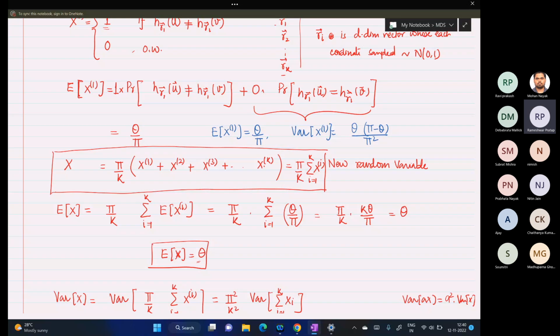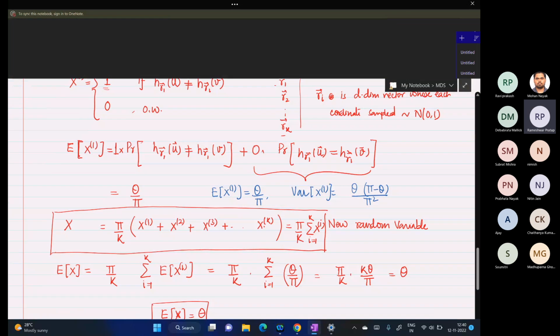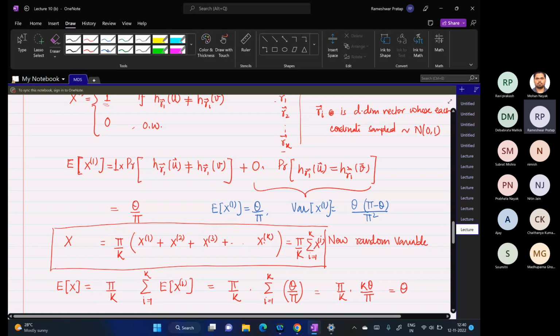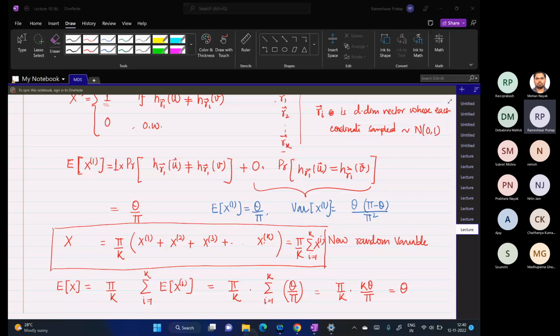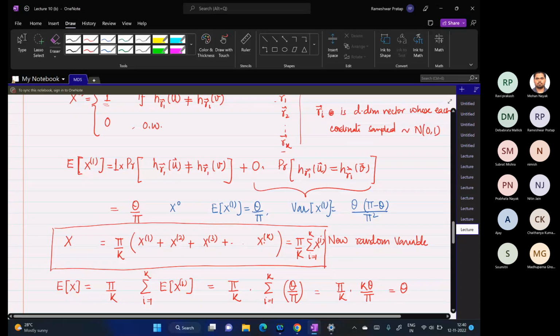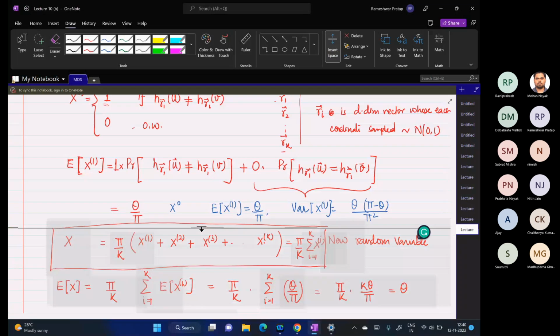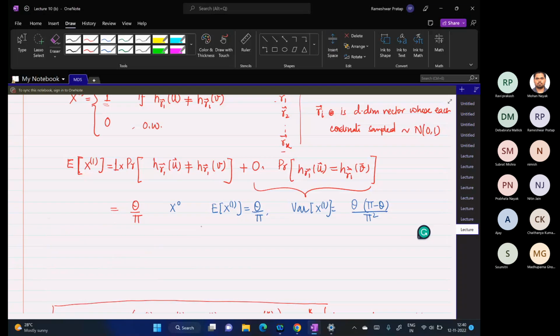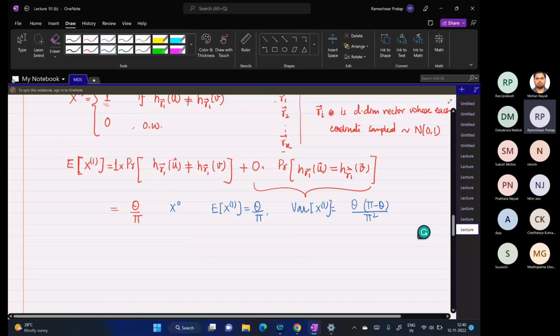Okay, 1 second. Theta pi minus. So here we can define a new random variable, say maybe I'll just say x0.